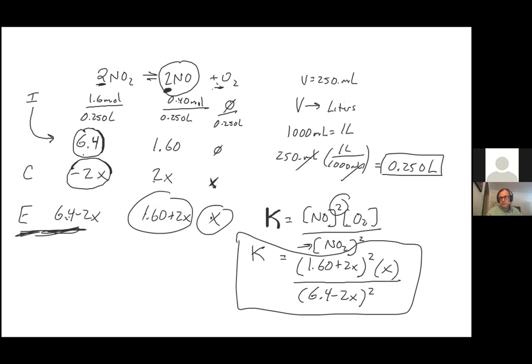So let me show you one more, because this is maybe an unfamiliar type of problem for you. Okay. Suppose a 500 milliliter flask is filled with 1.1 moles of CH4, 1.0 moles of CS2, and 1.4 moles of H2.